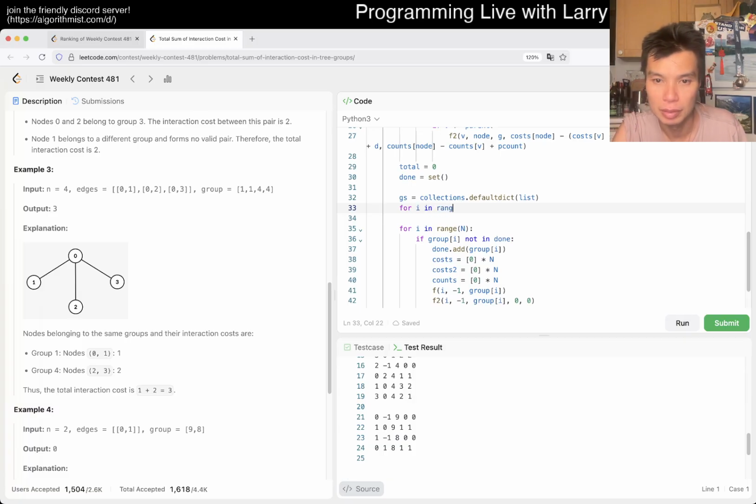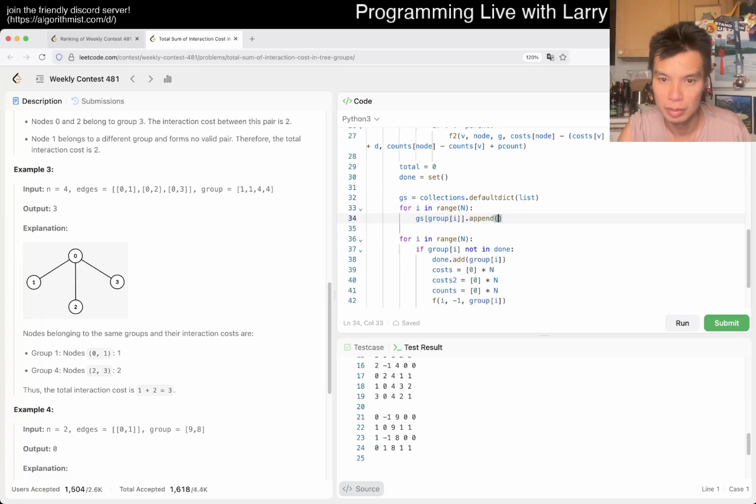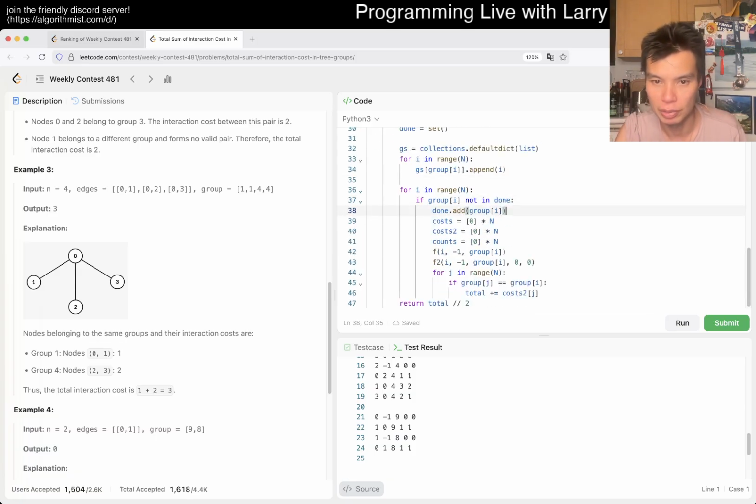Yeah, we could do it this way just to get the first one, whatever. That's fine. And then here we go for J and GS of group sub I.